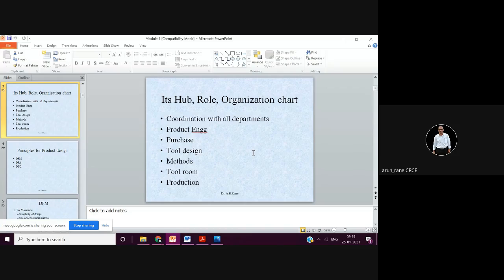So you'll have a sales or marketing department. Then once the marketing department gets the order, that is passed to the design department. The design department will do the designing of the product, and there you will have a team of designers, a team of product engineers, and draftsmen.